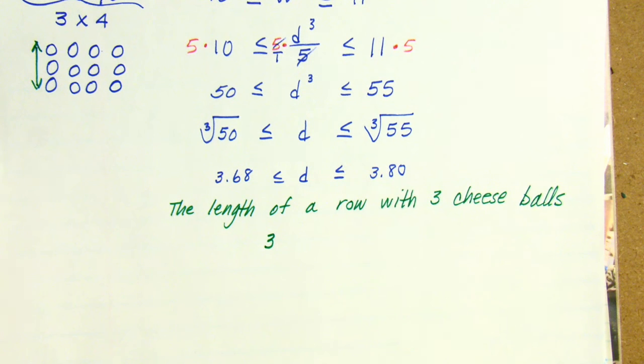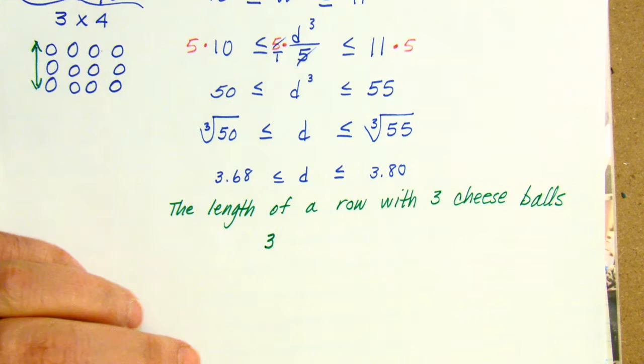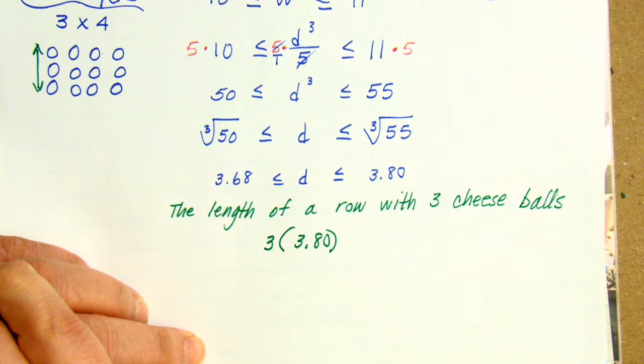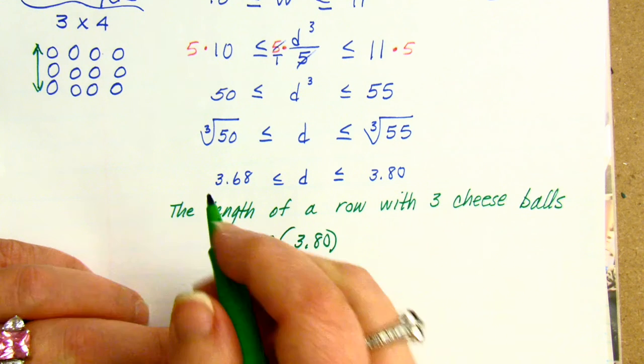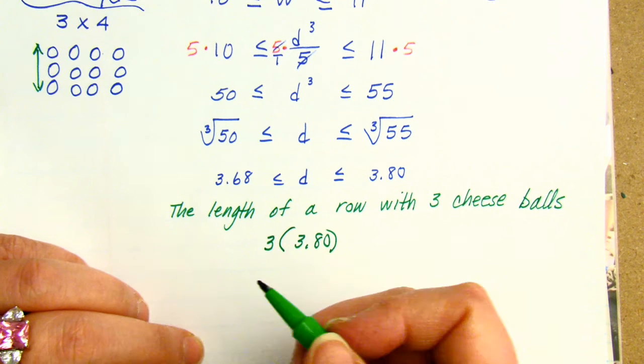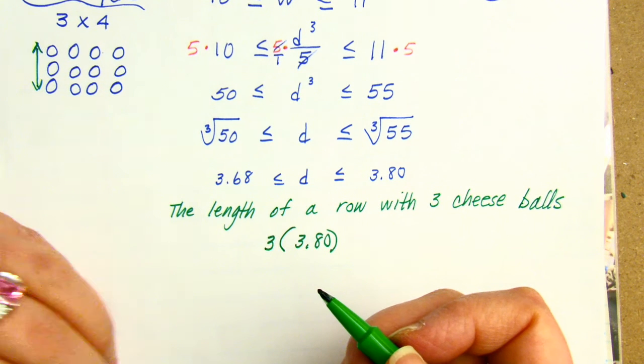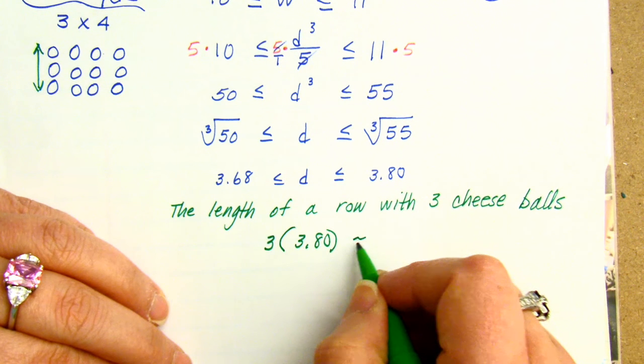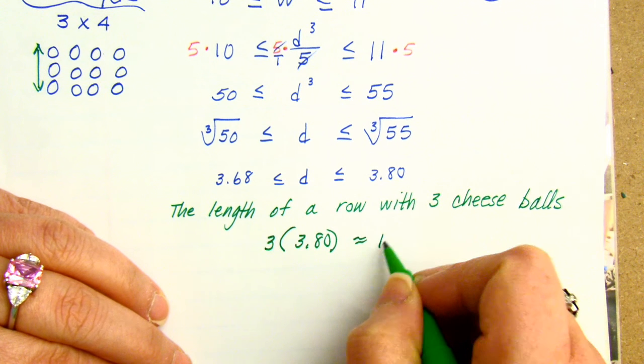I'm going to have squished up cheese balls. I don't want that. So I have to use the larger. So this is the length of a row with 3 cheese balls. 3 times 3.8 is about 11.4 inches.